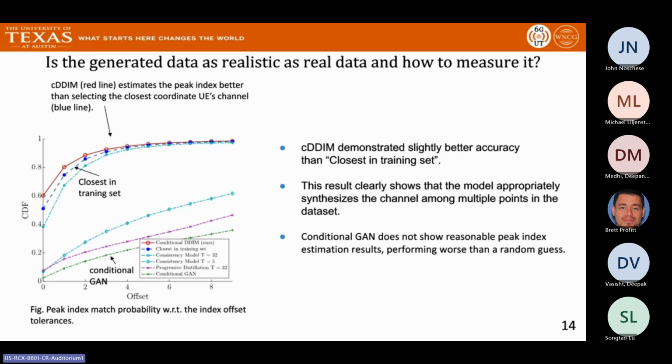So this means that we're doing the right interpolation when we use a diffusion model to boost the data set. And actually, when we use GAN, it wasn't able to generate the reasonable peaks. This means that the channel generated from the GAN is not capturing the distribution very well.